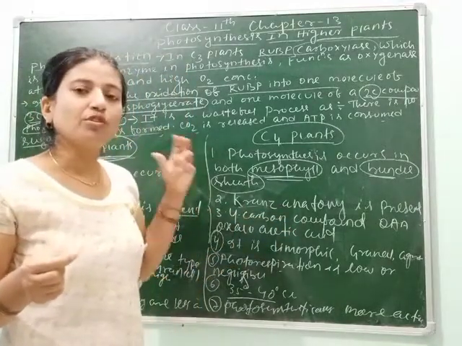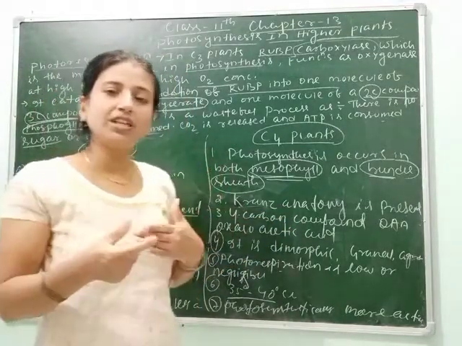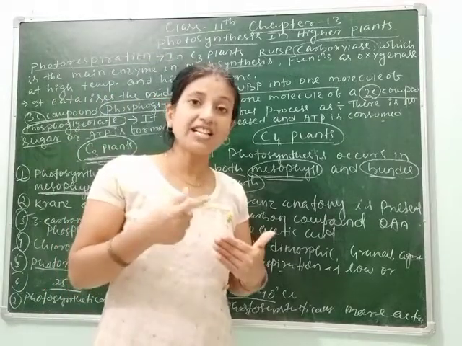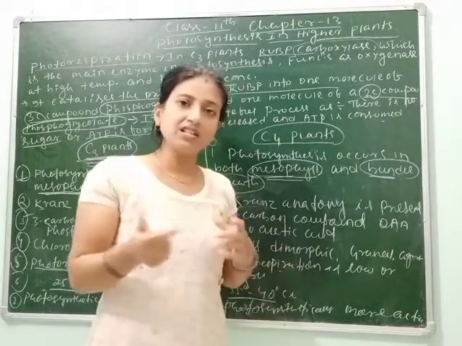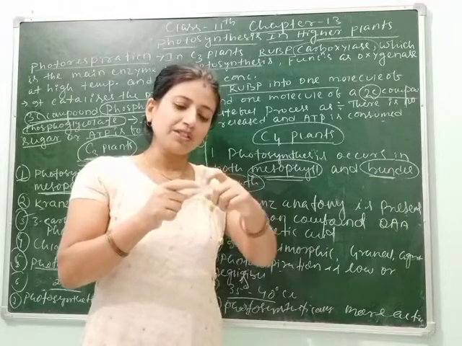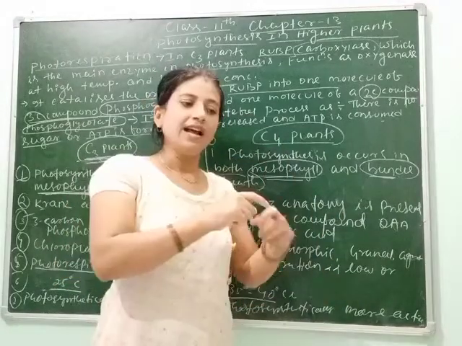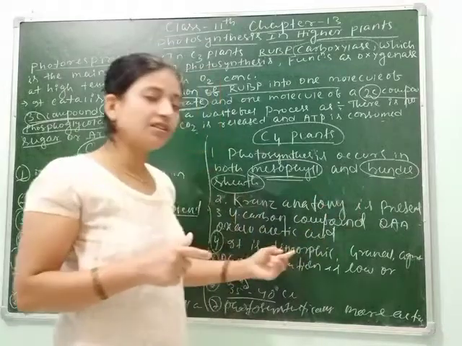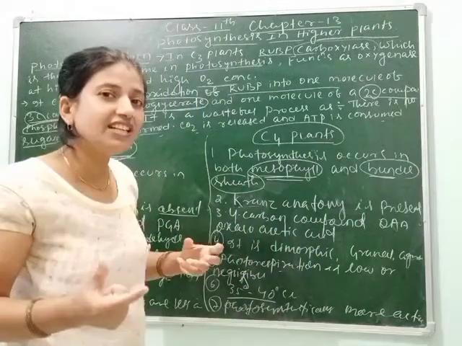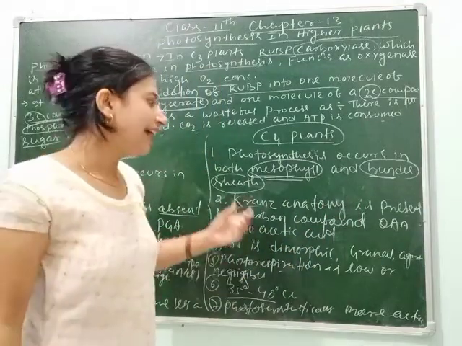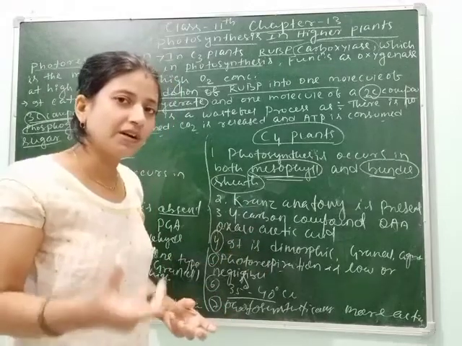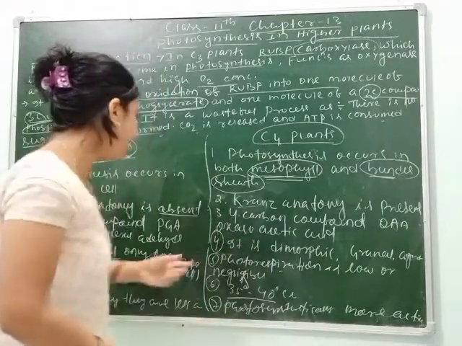It means photorespiration will not occur. It does not mean that the plant will not respire. The plant respires, but the respiration occurs intracellularly, meaning the carbon dioxide released from one cell is used by another cell, and in this way photosynthesis occurs and carbon dioxide will not release to the atmosphere, and as a result we get the product, that is oxaloacetic acid.